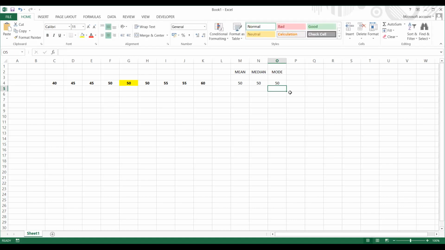Now, this is how you'll have normal data. If you talk about any data, for example marks, you'll have very few people with low marks, very few people with very high marks, and most of the people will be around the average mark. When you talk about height, you'll find very few people with short height, very few people with very long height, and most people will be around average, right?